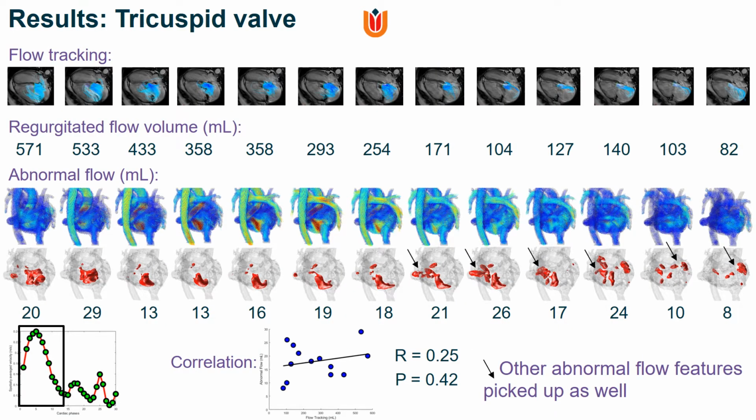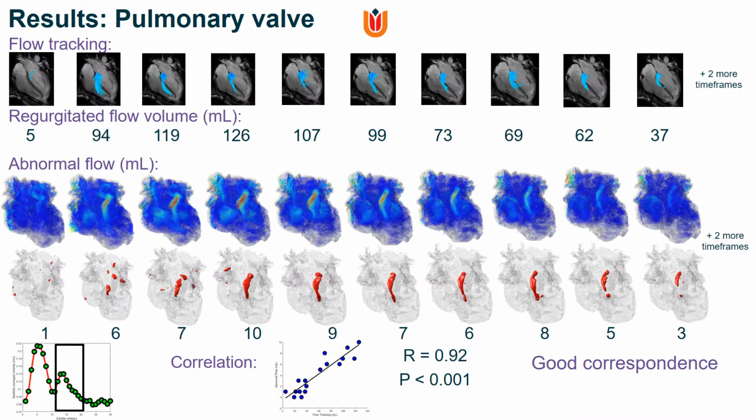Here we look at a time series of tricuspid regurgitation and found that there was no correlation between flow tracking and abnormal flow, for the reason that the novel method picks up abnormal flow in other locations as well. For this time series of pulmonary regurgitation, we did find a good correlation between flow tracking and abnormal flow quantification.